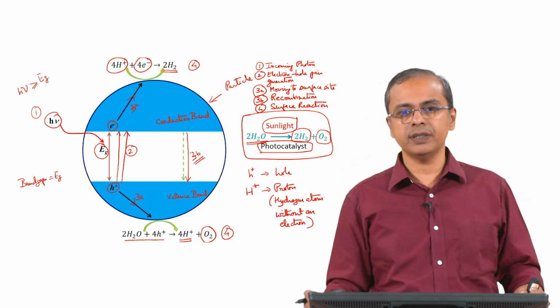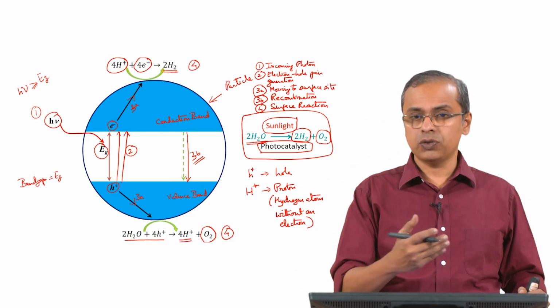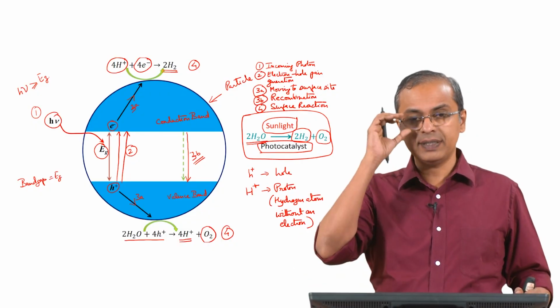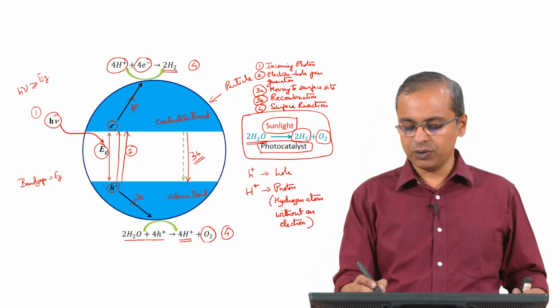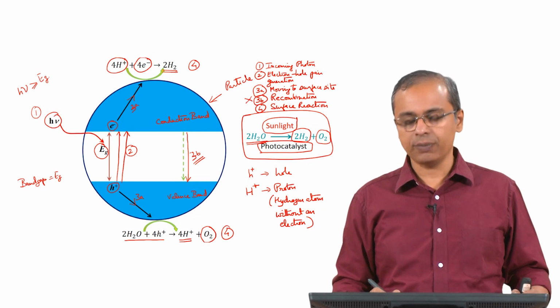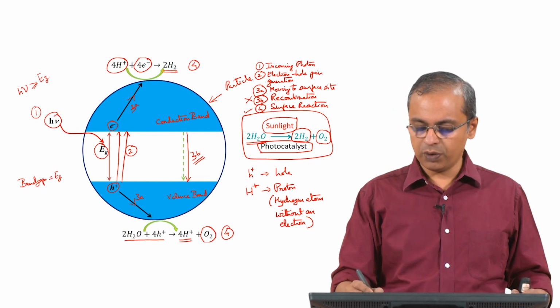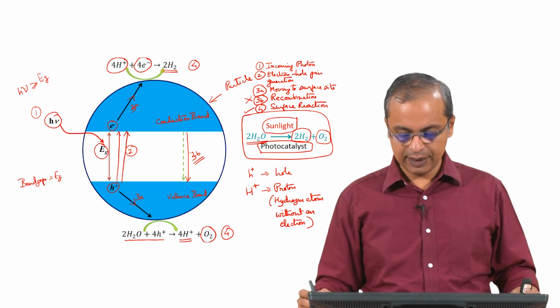So these are the various processes. Clearly we want to do 4. In the scheme I have just described, we want to avoid 3B. Recombination is something that we want to avoid, and 4 is what we want to enable. Okay, so that is the general idea.